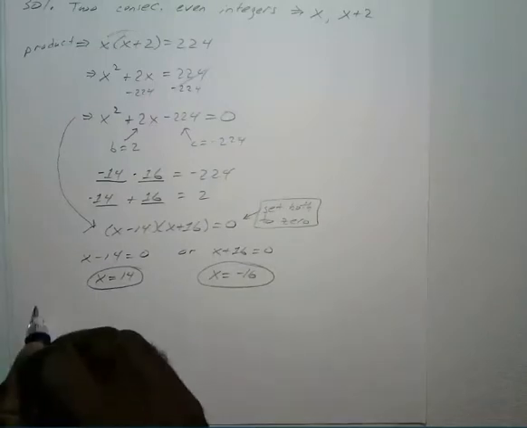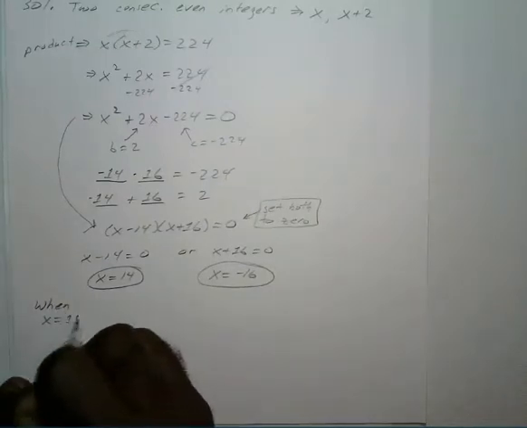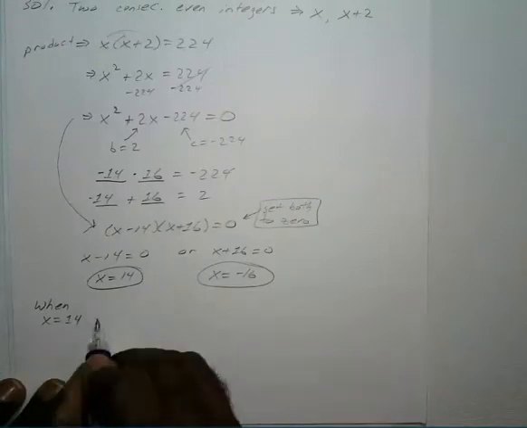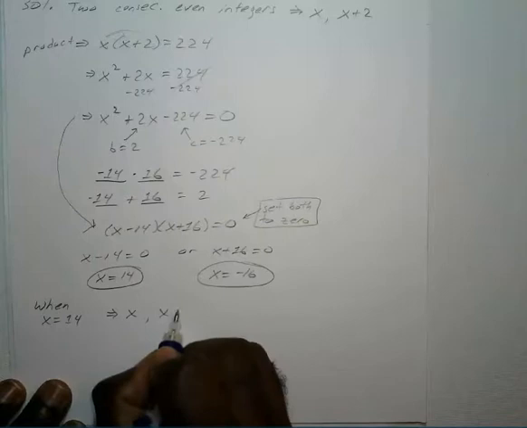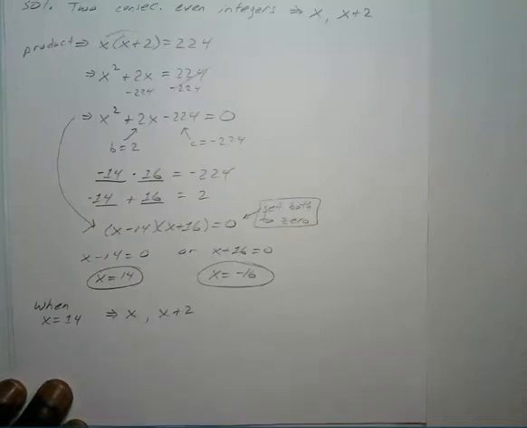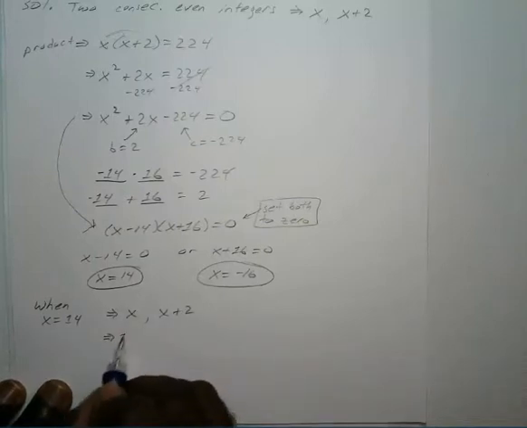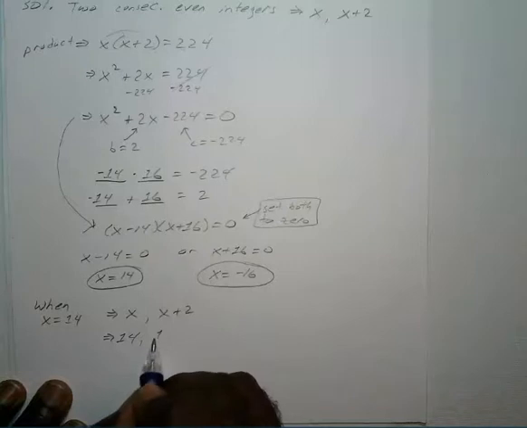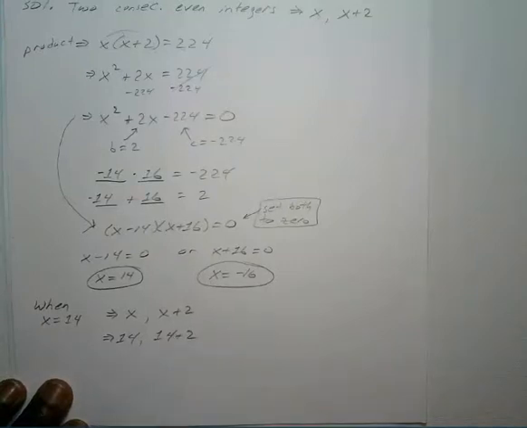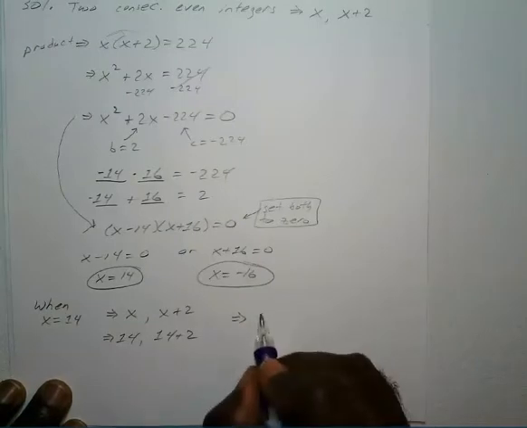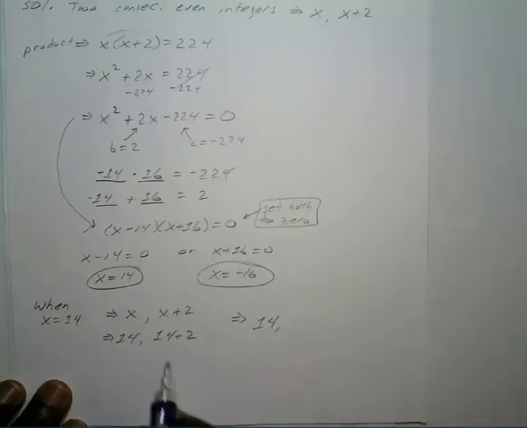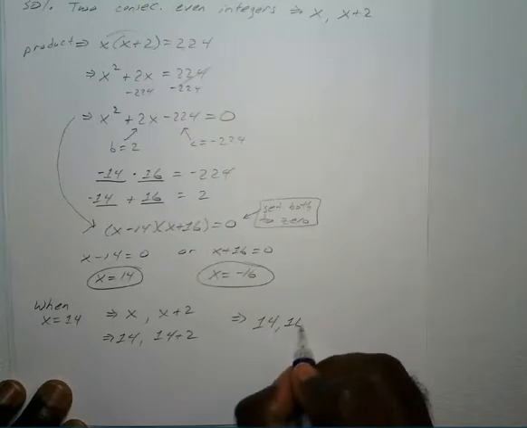When x equals 14, our x and x plus 2 become 14 and 14 plus 2, so we have 14 and 16.